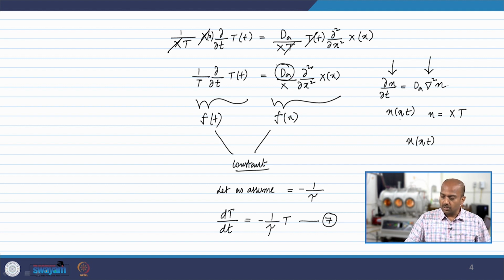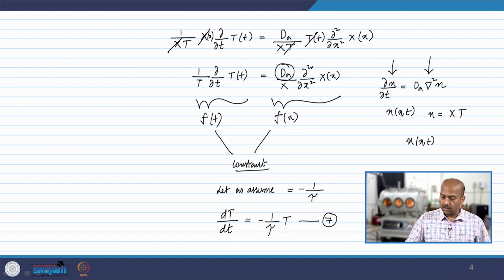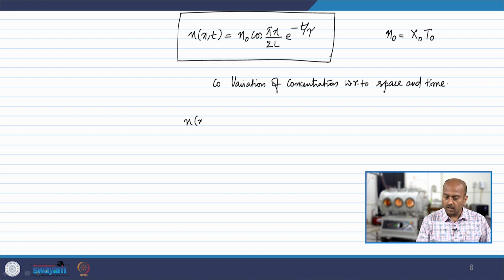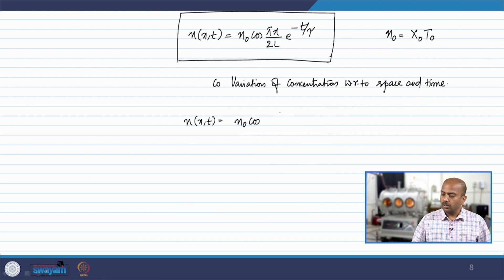So, D_A has to be there in the picture, D_A times dou square by dou x square. So, if you write pi by 2L as 1 by square root of D_A tau, you can write n of x, t as n naught cos 1 by square root of D_A tau times x e to the power of minus t by tau, right.